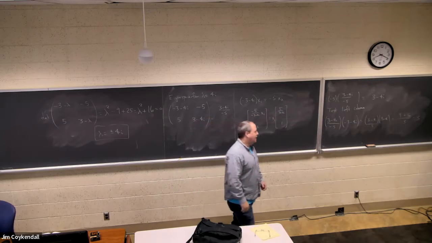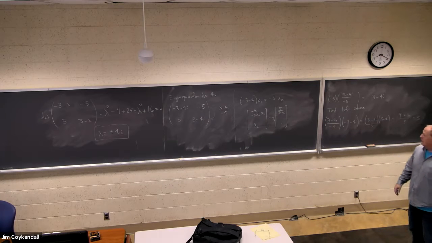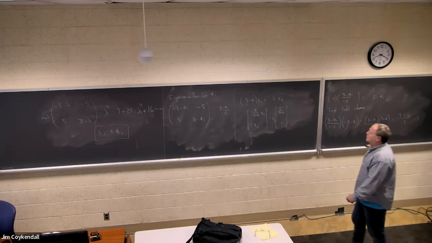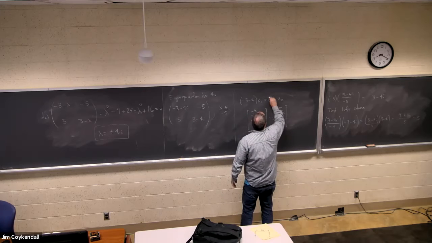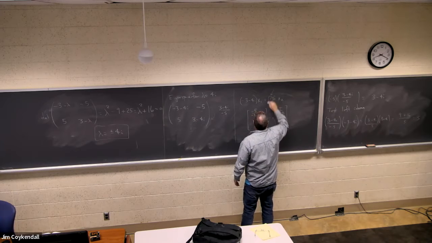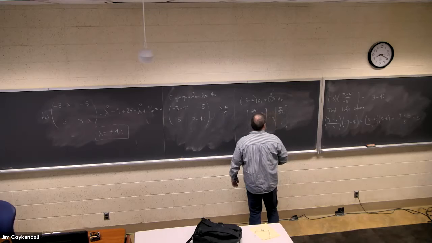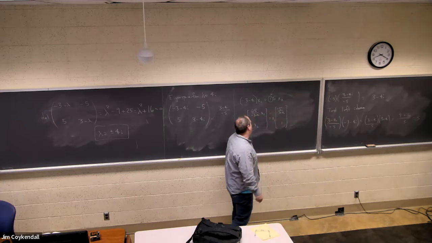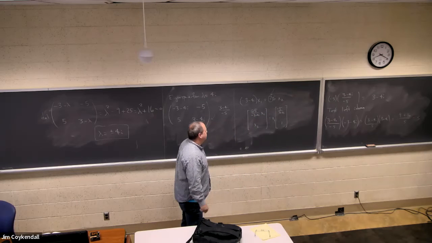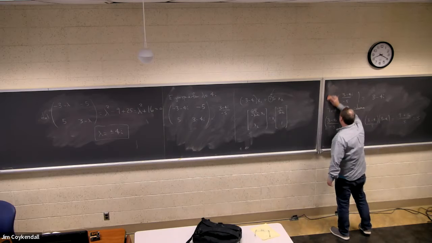Yes, that 5 is positive on x, probably. Yes, let me fix that. Thank you for catching that. That should be a positive, and so that should be a positive. I'll make that negative here, but that positive. So here's what I get.